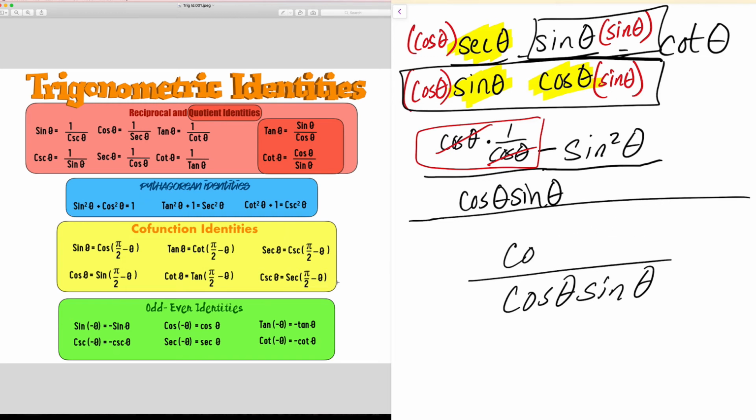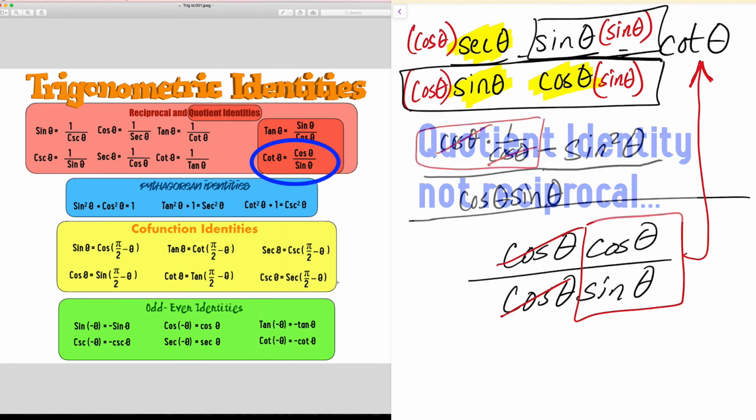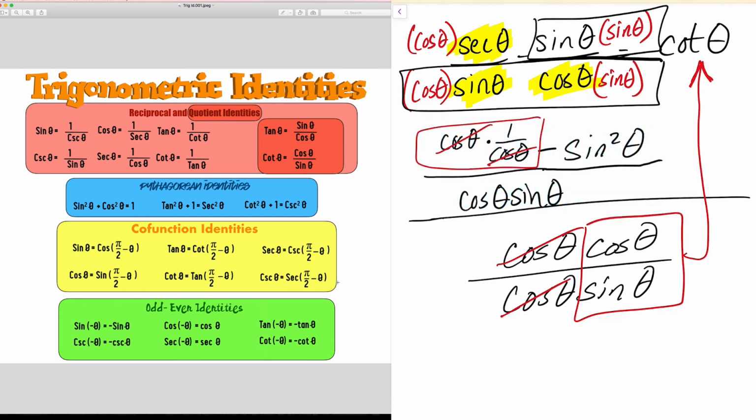Cosine squared theta is the same thing as cosine theta times cosine theta, and so I can divide out a cosine. That leaves me with cosine theta over sine theta, which in fact is the reciprocal property of cotangent theta. All right, so far it's been working out pretty well. Let's jump over to number 9.